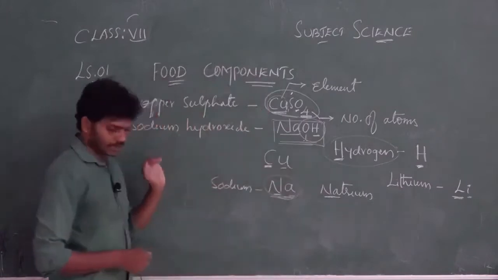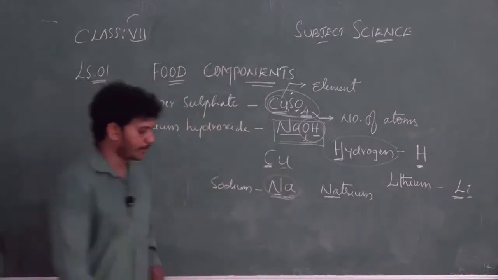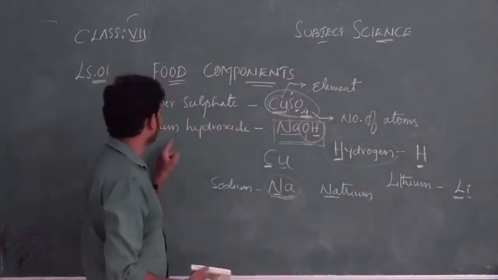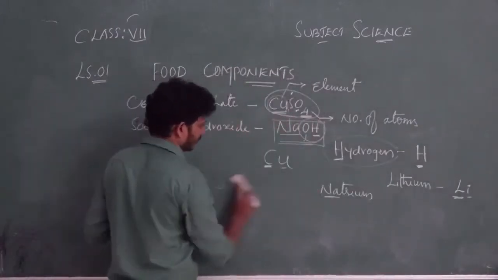Okay, so here let's see how to prepare a 2% solution of copper sulfate and a 10% solution of sodium hydroxide.